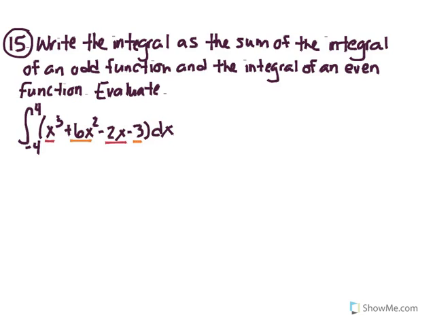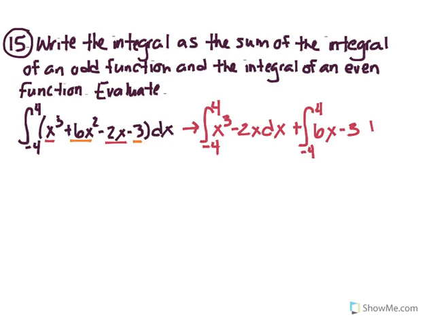So we're going to rewrite this as two separate integrals. I'm going to do the odd one first. So that's x cubed minus 2x dx. And then we are going to subtract, actually, no, sorry, we're going to add, my apologies, from -4 to +4 of 6x squared minus 3 dx.